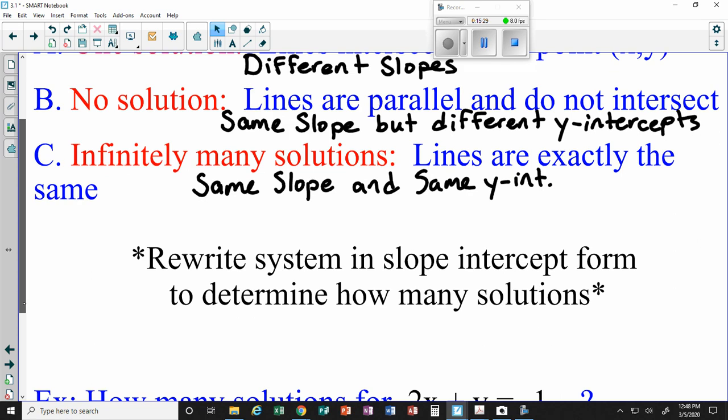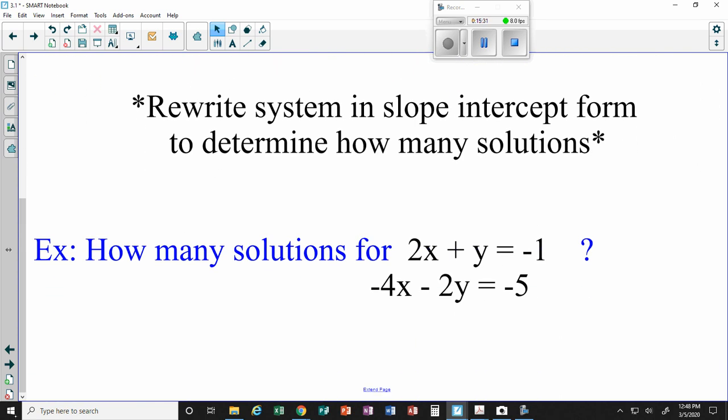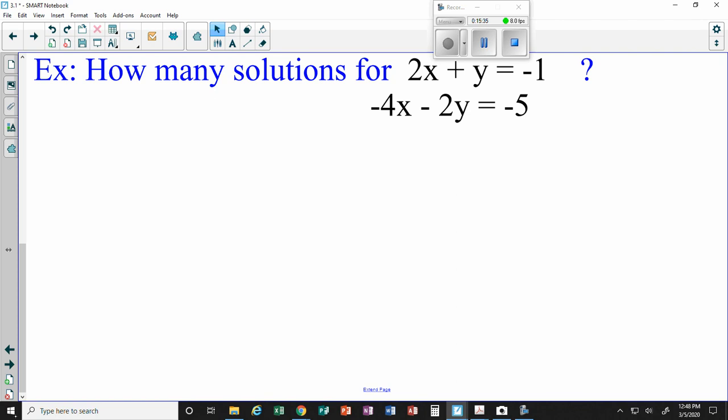Okay, so if they give me this example here, how many solutions is this system going to have? Well, so we got to put it in slope-intercept form to determine that. So the first equation. How do I put that into slope-intercept form? Yep, got to solve for y.